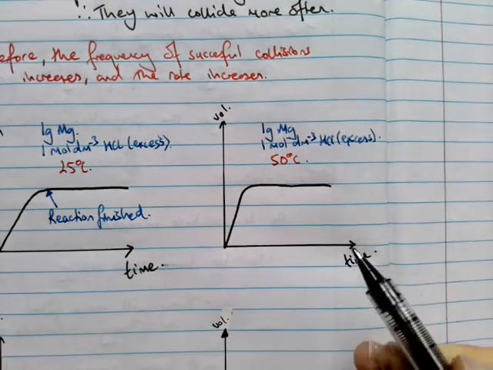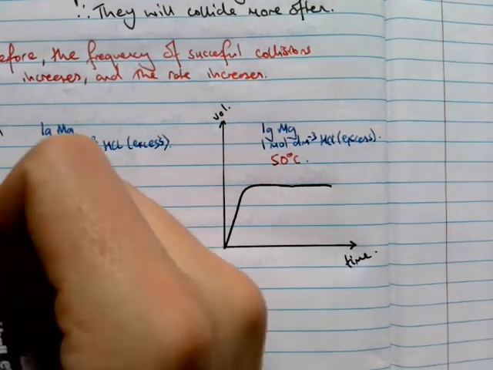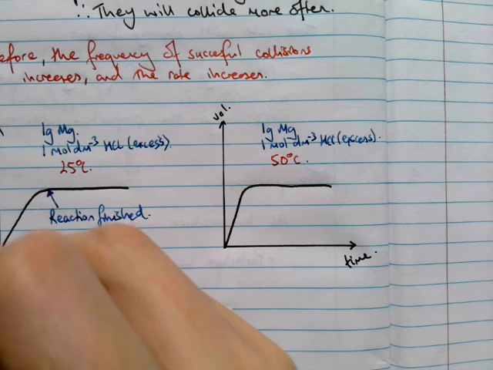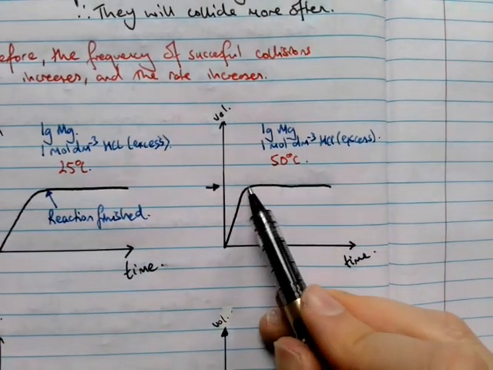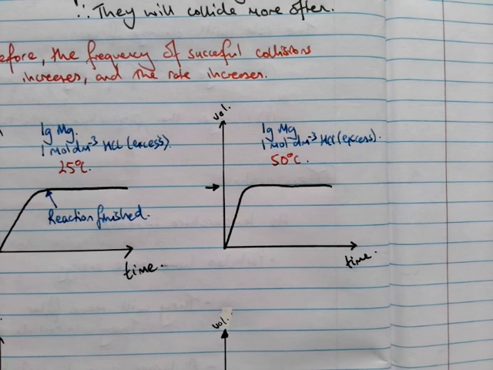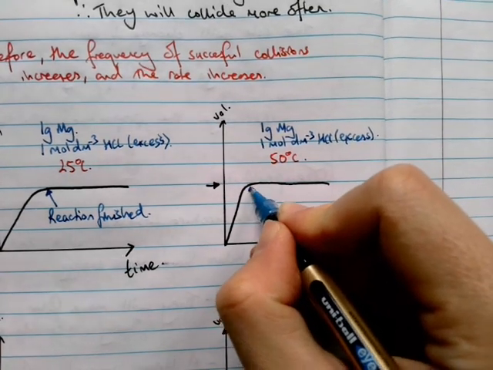Okay, now the reaction finishes at the same volume, so the volume of H2 produced doesn't change, but you just get there quicker. All right, so you can say here the reaction finishes quicker.